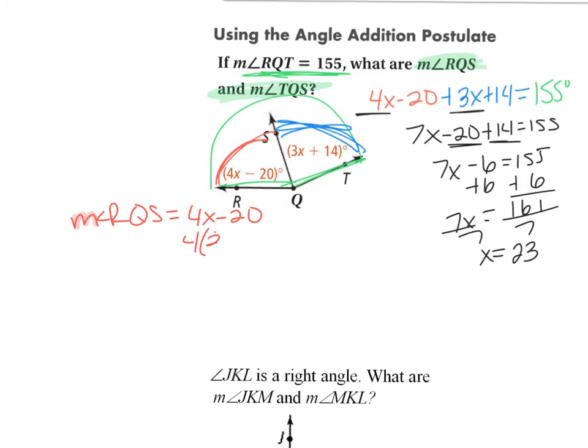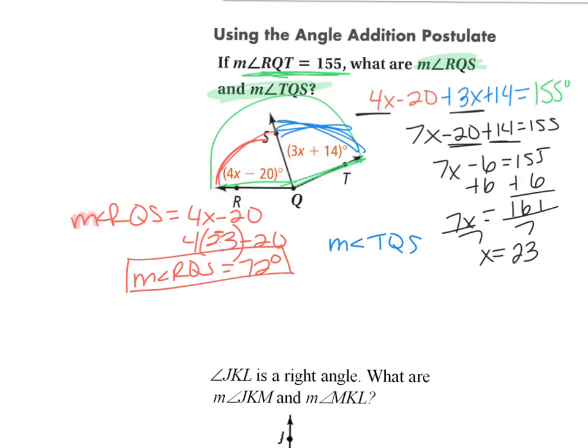So it'll be 4 times 23 minus 20. Stick that in your calculator, and you get the measure of angle RQS equals 72 degrees. Does that look realistic? Yes, it does. So let's move on. Then we have the blue part. So the measure of angle TQS.